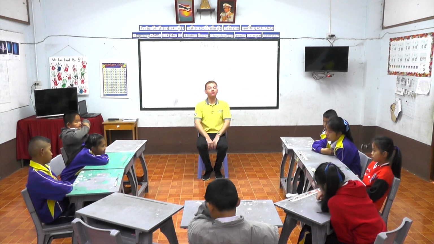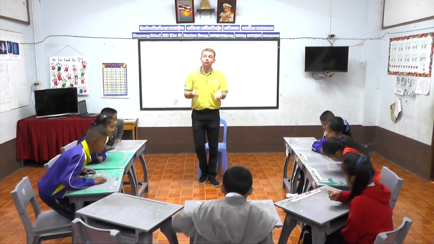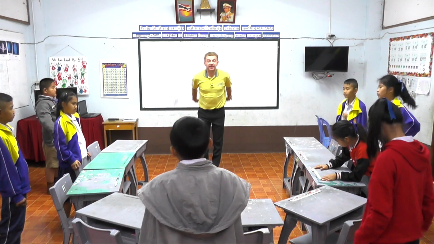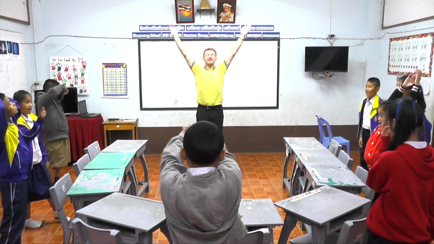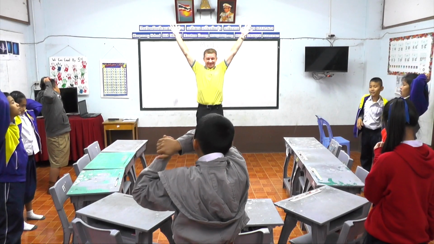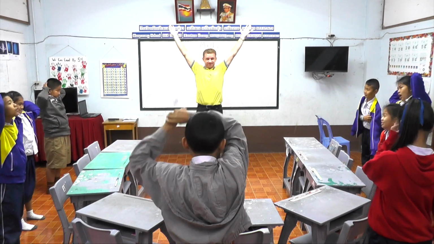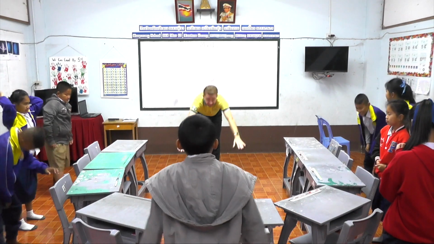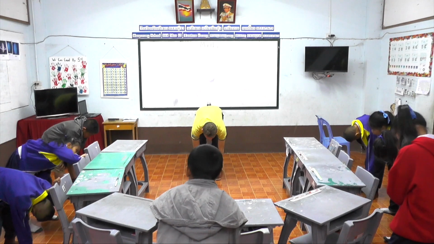And next we can do our stretch sequence. So let's stand up and push in our chairs. Let's begin by stretching up high to the sky. High as we can. And then let's go down low. Touch our toes.